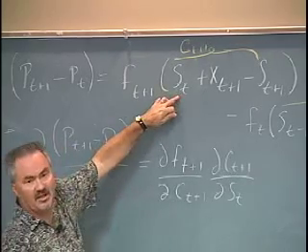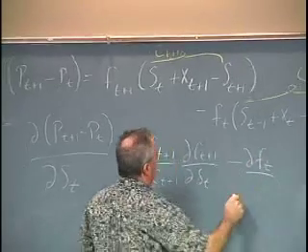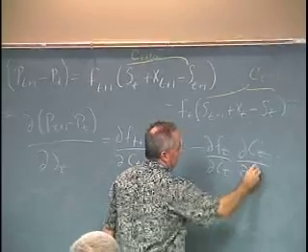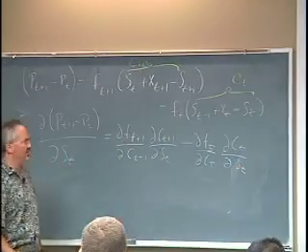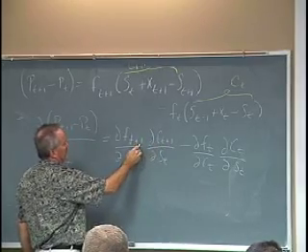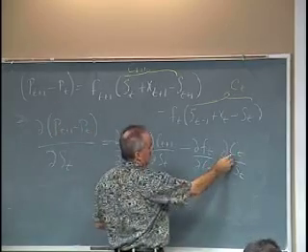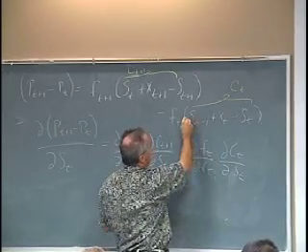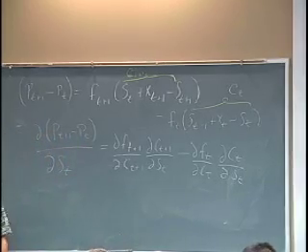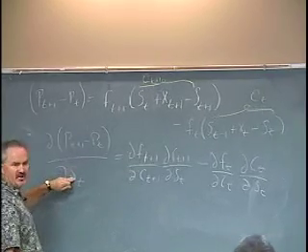Because S of T is inside the brackets, minus delta F of T, delta C of T, times delta C of T, delta S of T, again using the chain rule, right? So we have the differential of this expression with regard to stocks. So that will tell us the relationship between our price spread and stocks.